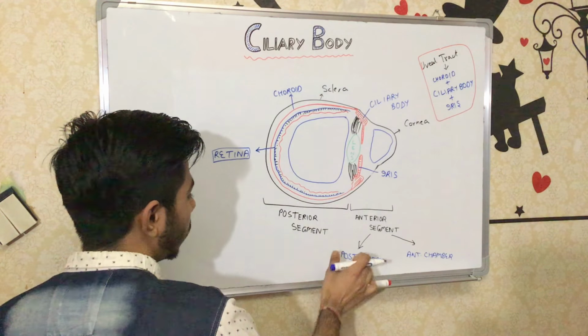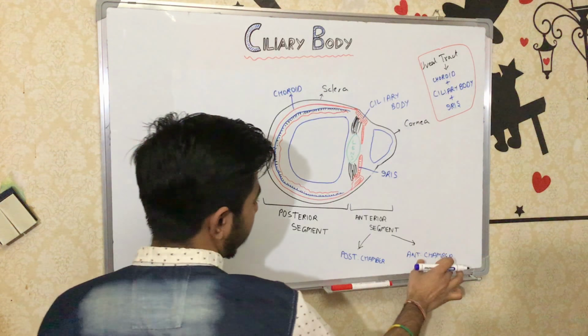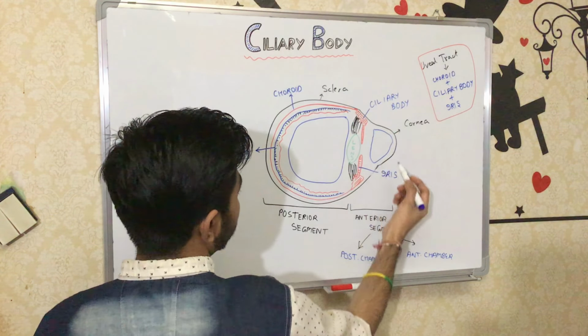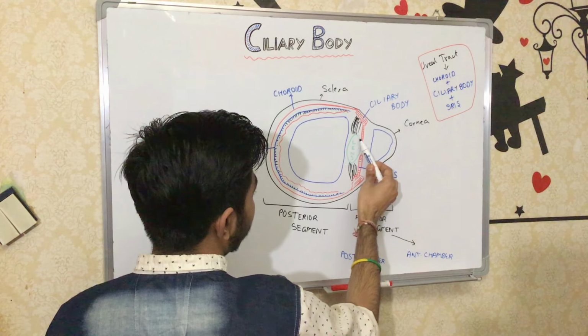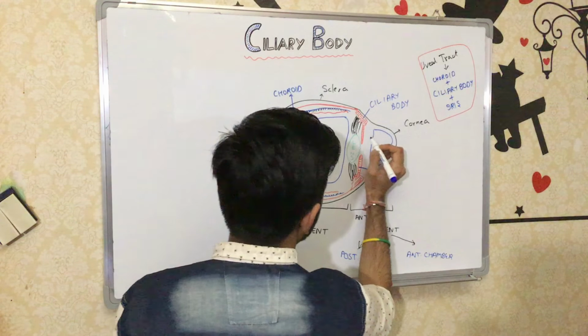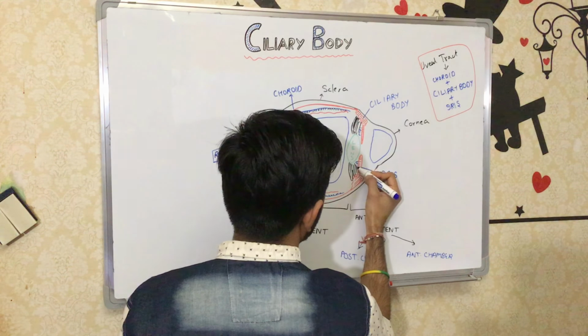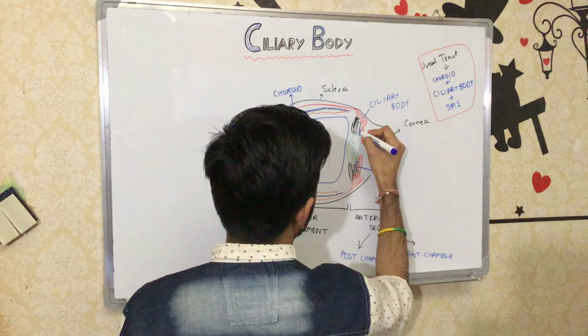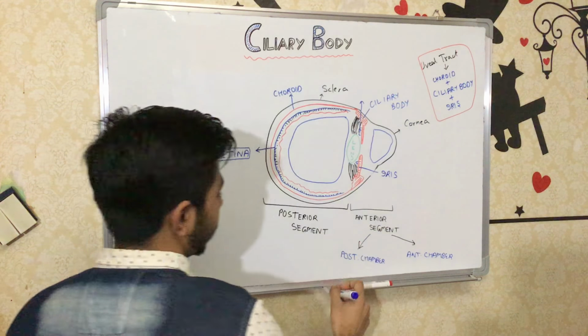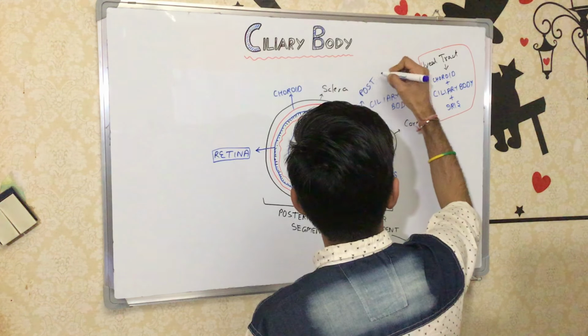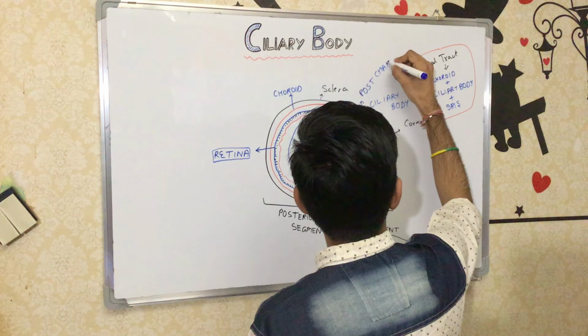So which part am I calling the posterior chamber and which the anterior chamber? The posterior chamber is the part between the lens and the iris. This portion with the blue color, which I am marking here, will be called the posterior chamber.